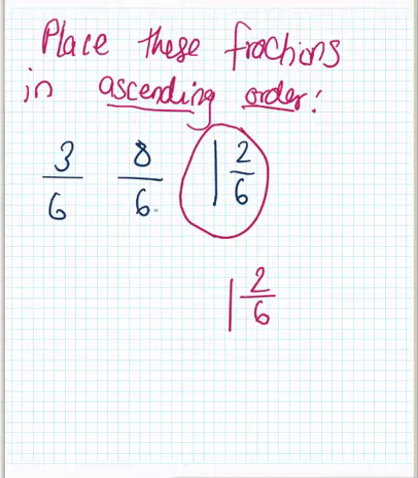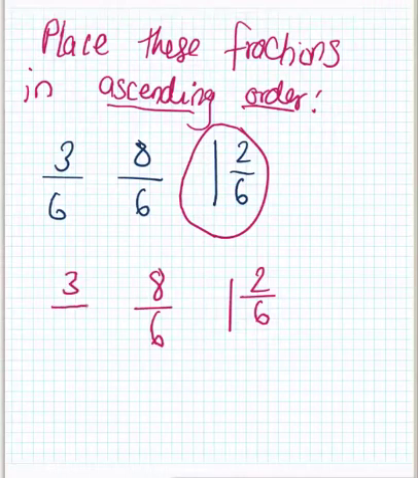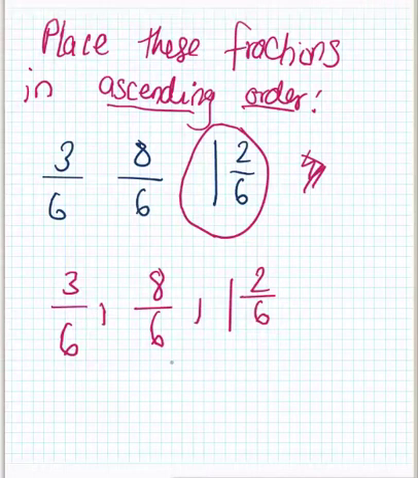Which one's larger, 3 or 8? Well, 8 is the next largest. And then we have the smallest one, which is 3 over 6. So this has been arranged in ascending order. With the questions like this, you don't have to insert the greater than or less than symbol. You can put commas just saying which order they are in. So remember, ascending is from smallest to largest.